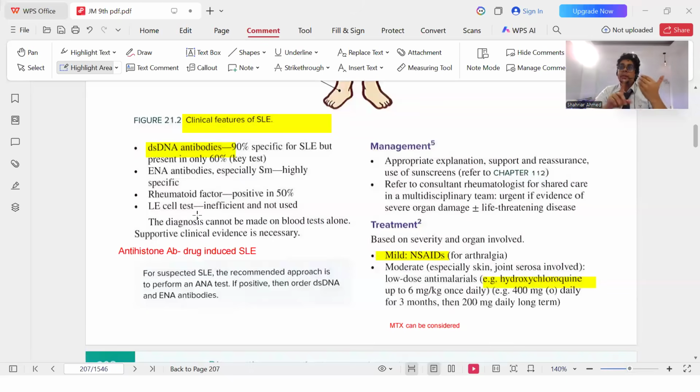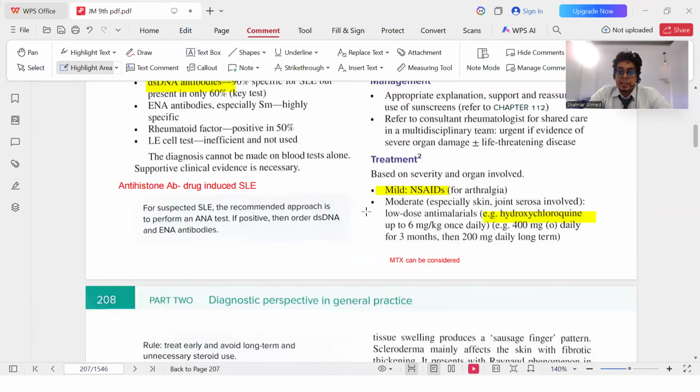I was saying that I will tell you the difference between mild, moderate, and severe SLE. Mild SLE: NSAIDs. Moderate SLE: hydroxychloroquine. You can also use methotrexate. Write it down, page number 207. NSAIDs are first line when you diagnose, then step up to hydroxychloroquine, with methotrexate as another alternative.